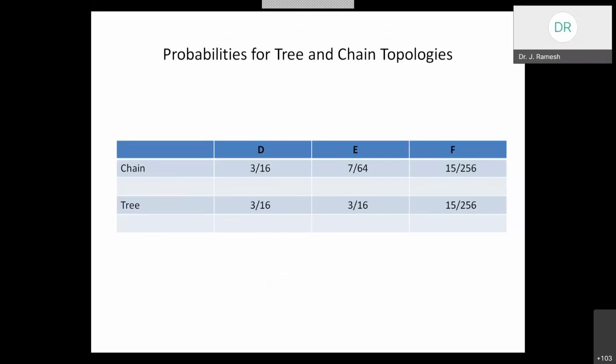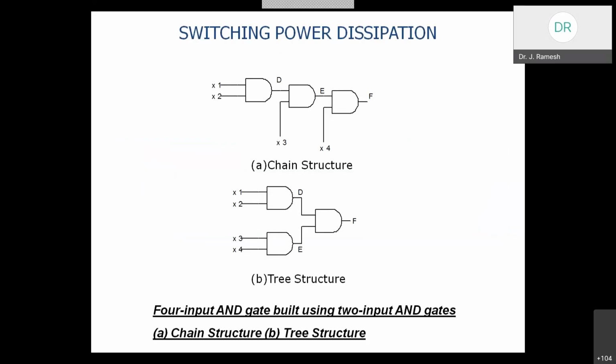So 3 by 16 is larger than 7 by 64. In that aspect, we can say that the chain structure has less switching activity when compared to the tree structure.